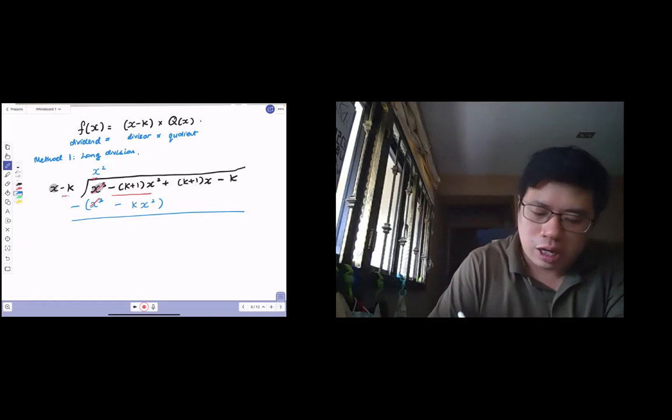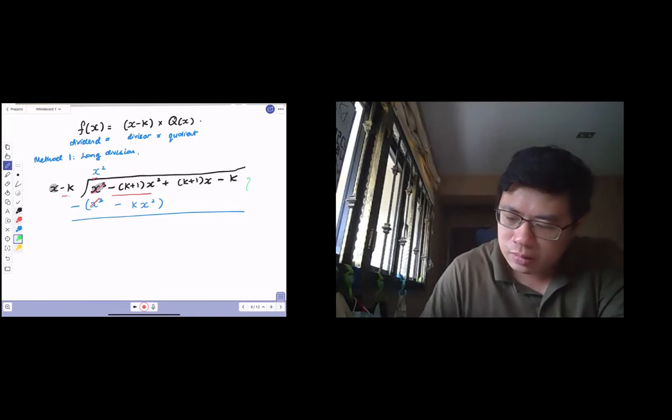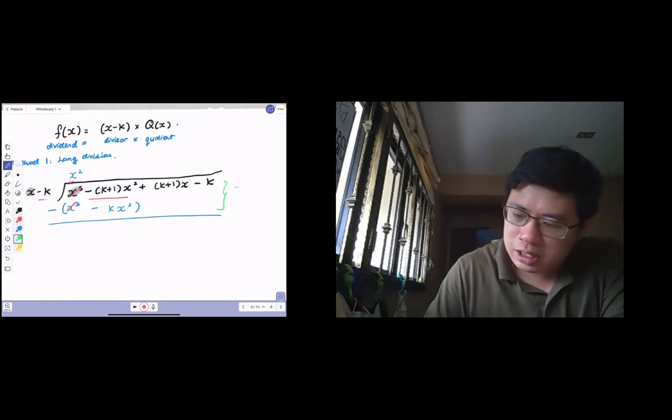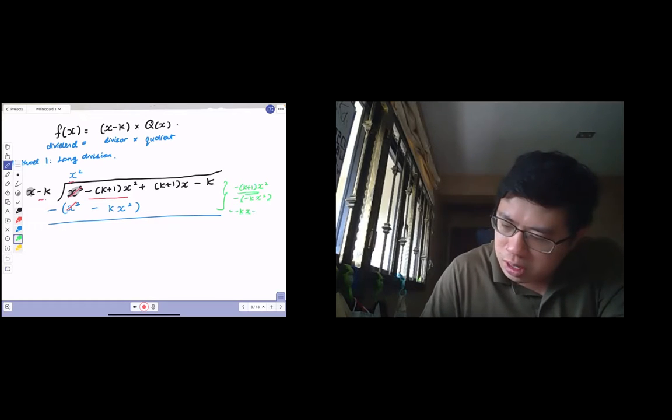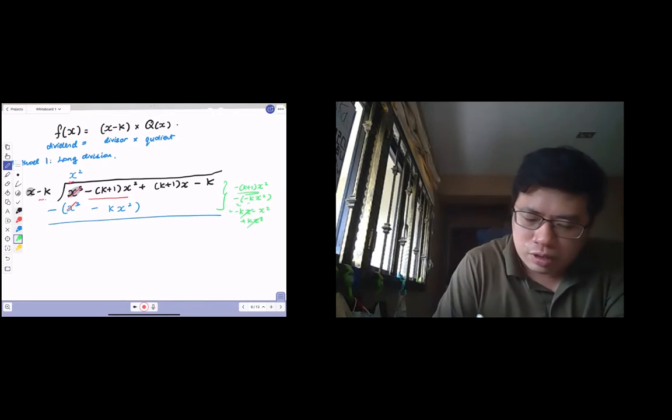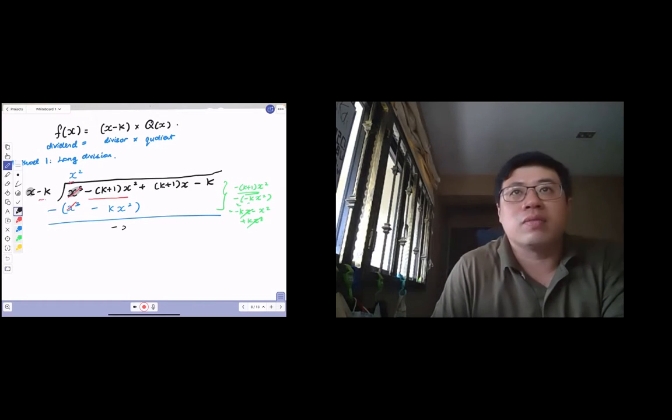At the side, it's like I'm doing negative (k plus 1) x squared minus (minus kx squared), so negative kx squared plus kx squared cancels off. I'm just left with a negative x squared.